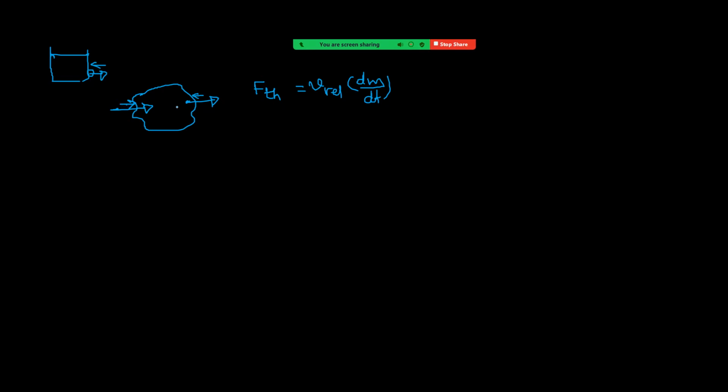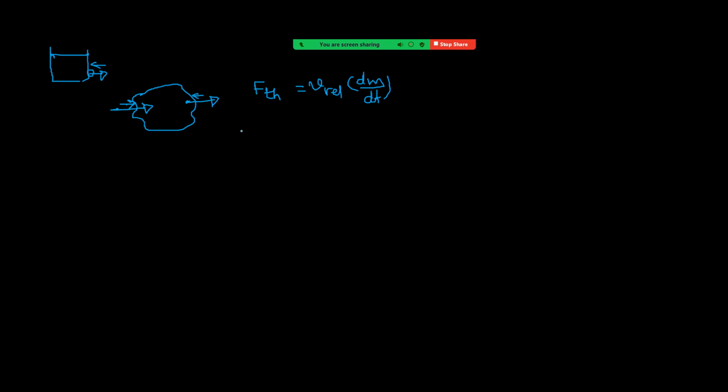You can see here, when mass is leaving the system, its dm by dt will be negative. That means it is opposite to the direction of relative velocity. So relative to the system, mass is coming out. This is the direction of relative velocity, but force is opposite to that.